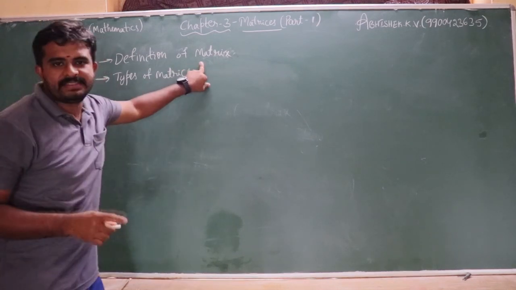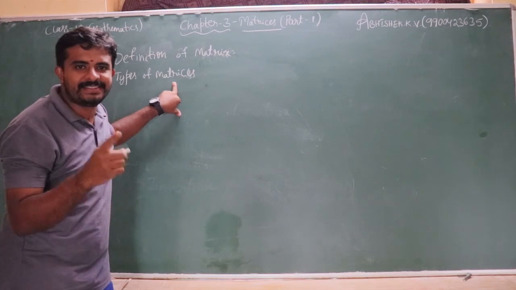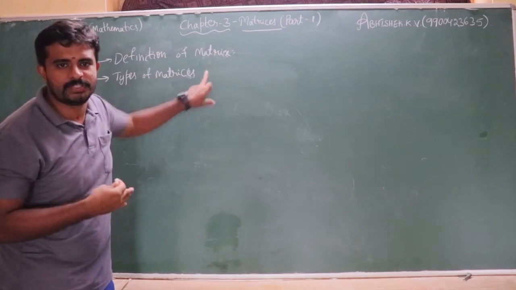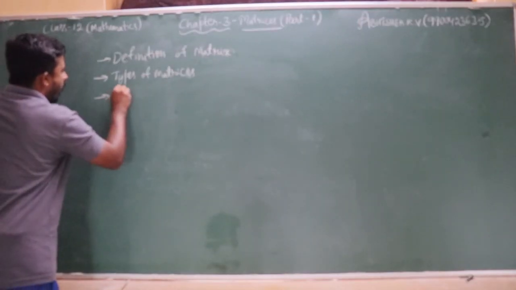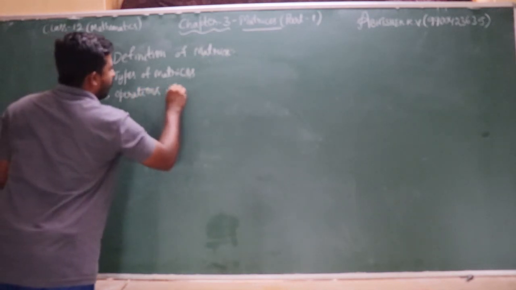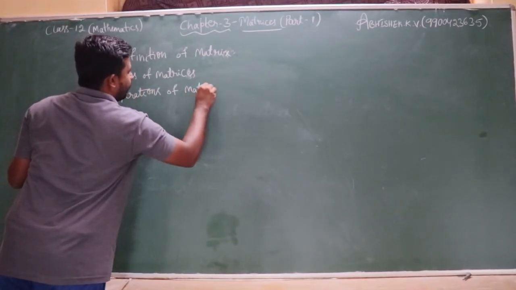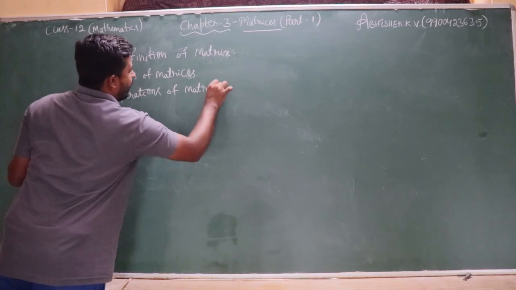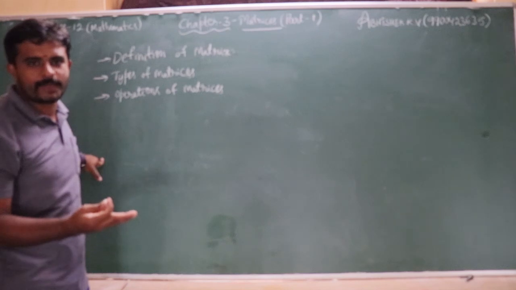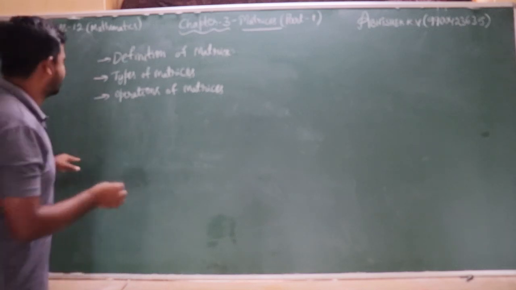Here, matrix is singular and matrices is plural, one or more, which we discuss later. And then operations of matrices, that is addition of matrices, subtraction of matrices, multiplication of matrices.